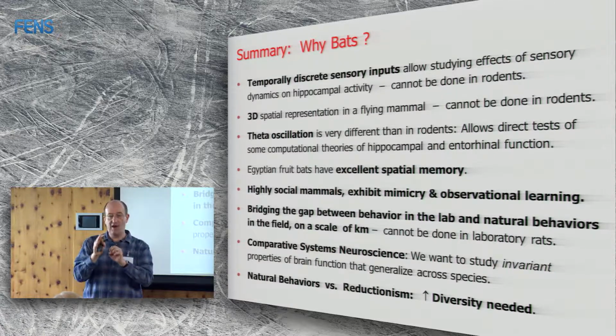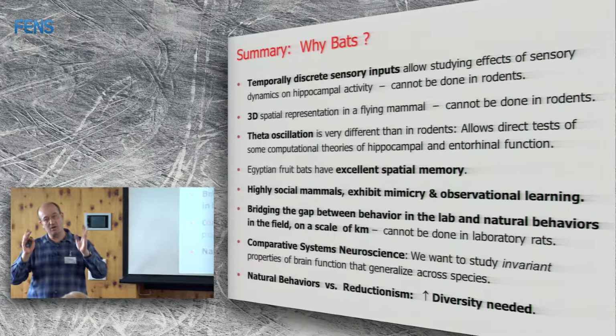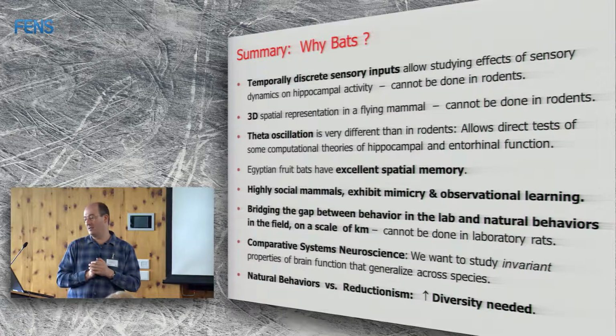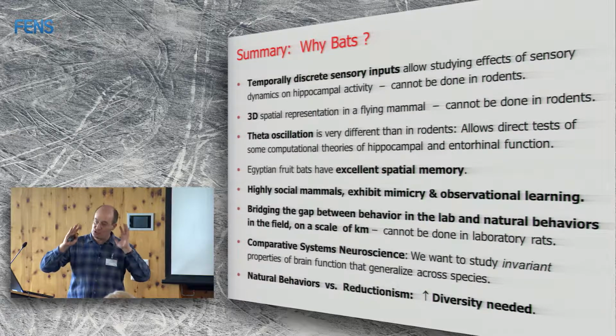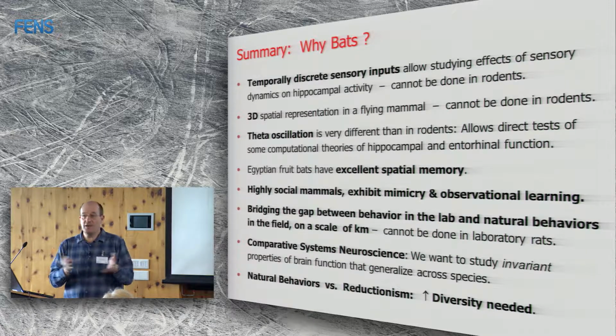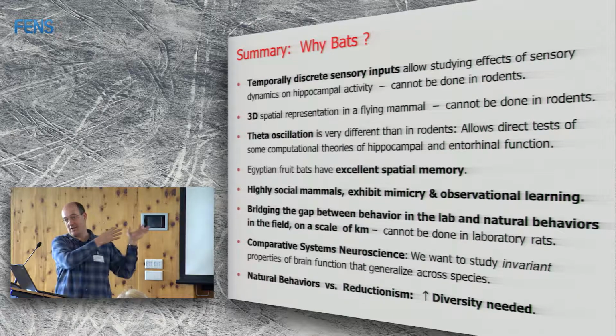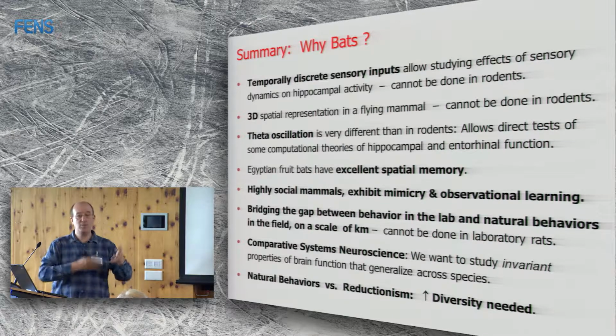You isolate all variables and manipulate only one, and then you think you understand the system better, which, if you do physics, is the right way to go, the controlled way. But when it comes to behavior, my worry always is that if you oversimplify things, you constrain the animal too much, you control too much, and you might miss the very thing that you are trying to understand, which is behavior. So I think we really need to go in the electrophysiology world to more natural behaviors.